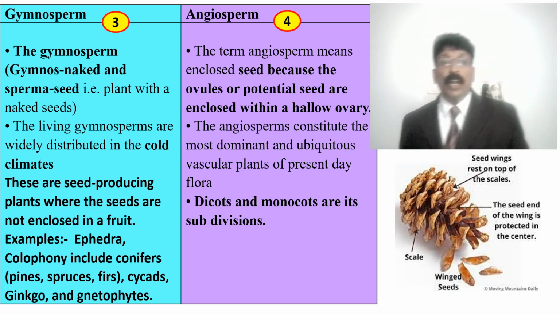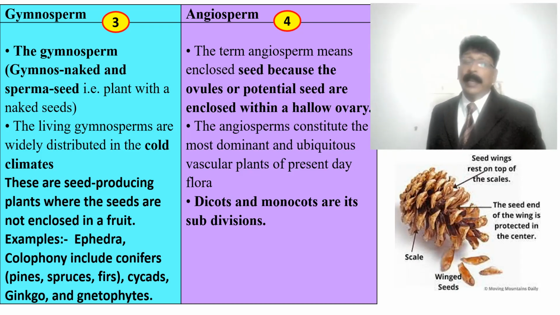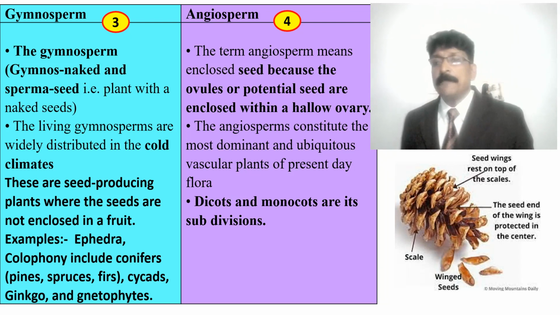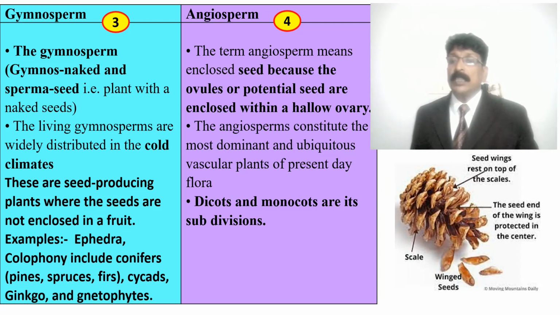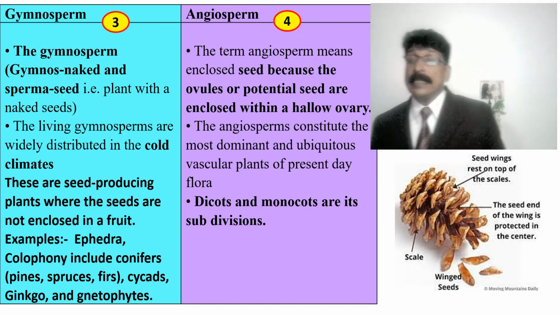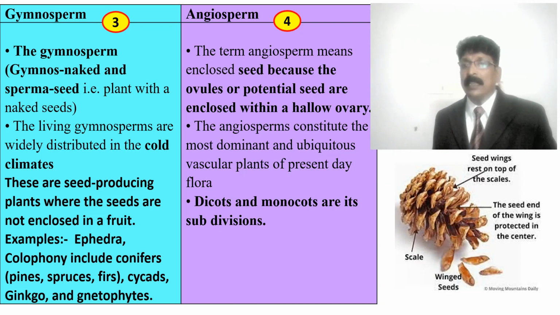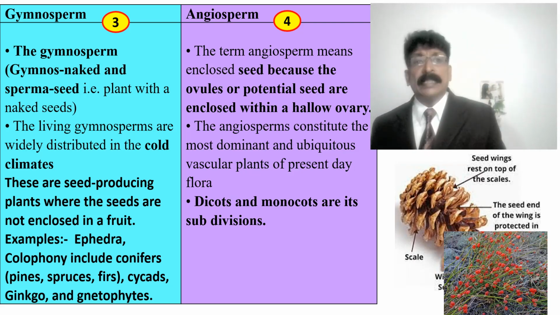These are all examples of naked seeds. You can see the winged seeds inside the scale, and we can see the picture. The seeds end in wings, protected in the center. They are naked seeds, exposed seeds. These are usually used. And another example is ephedra.